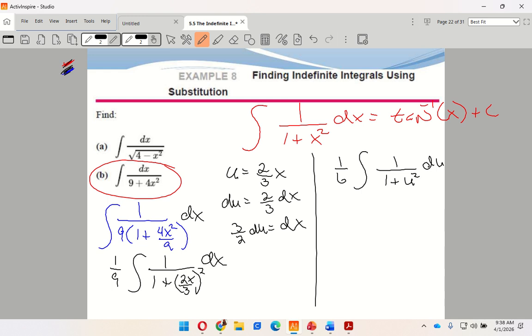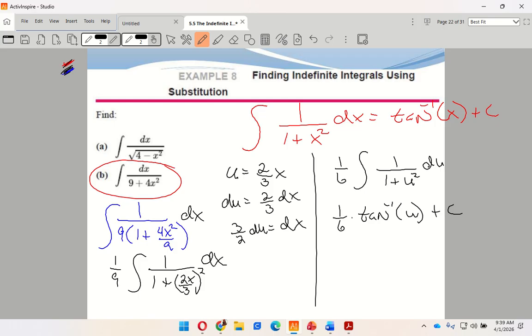Now does it match my arctangent? Yeah, now it does. Now it matches my arctangent. So I have 1 over 6 times arctangent of u plus c.